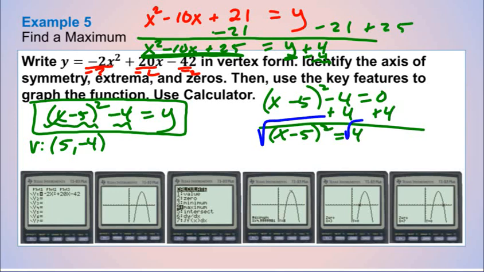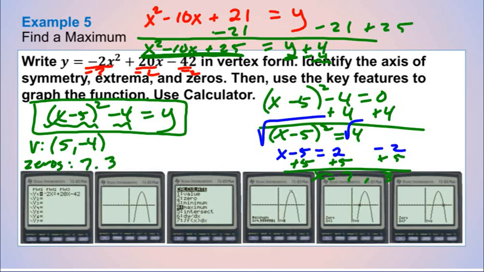Find the square root of both sides, and I'm left with x minus 5 equals 2 and -2. Now I can add 5, and I'm left with x equaling 7 and x equaling 3. So my zeros are 7 and 3.